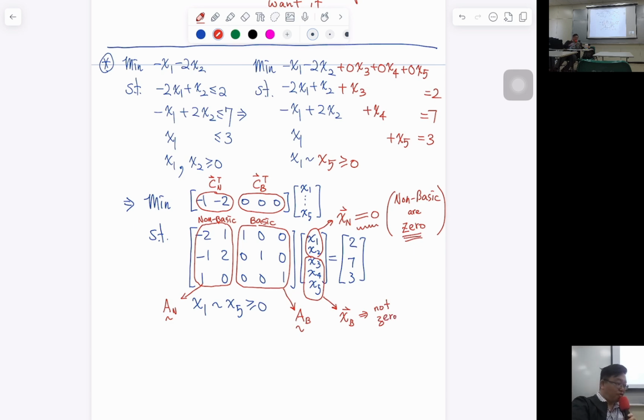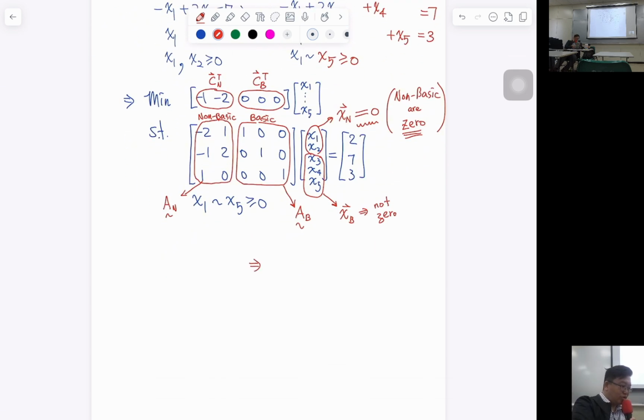They can be solved. Here, A_B X_B equals small b. So X_B equals A_B inverse small b. Can be solved. And it happens that now your A_B is an identity matrix.